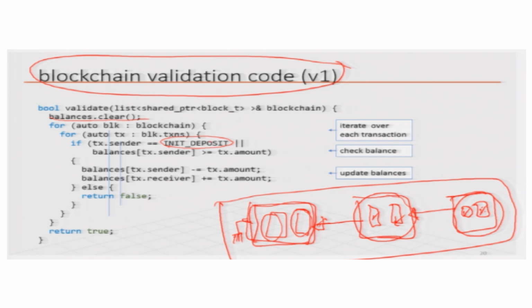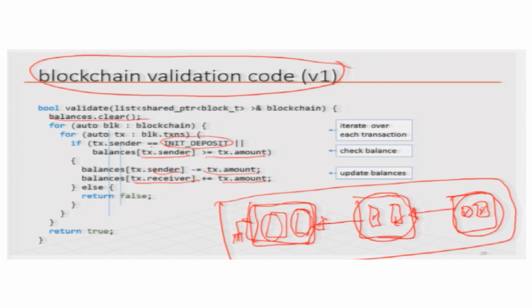If it is an initial deposit, then all you need to do is add that amount to the receiver's balance. If it is not an initial deposit, which means somebody is sending money, then the sender's balance should be greater than the transaction amount, and that transaction amount should be subtracted from the sender's balance and added to the receiver's balance.